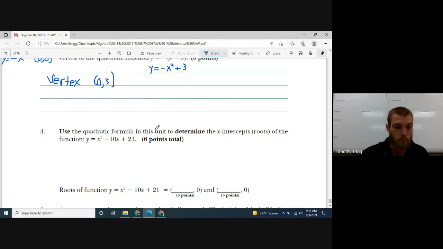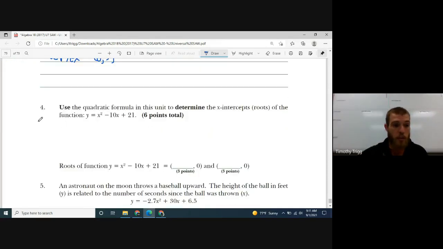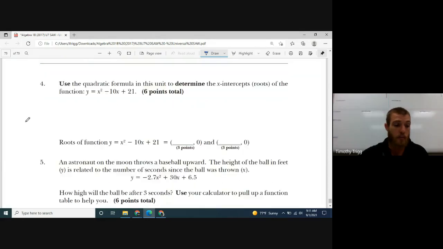So I'm going to go ahead and write the formula over here. It looks like this: x equals negative b plus or minus the square root of b squared minus 4ac, all over 2a.